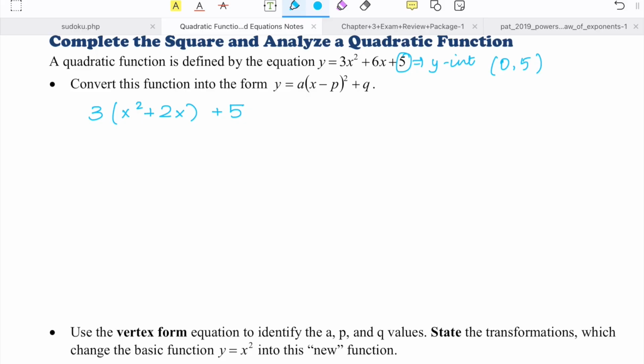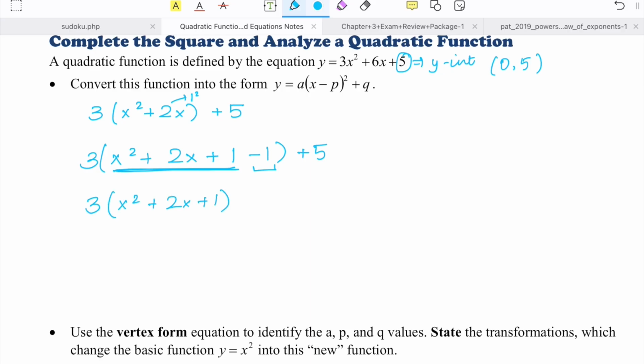My b value is 2. I'll divide it by 2, which gives me 1. 1 squared is 1. So 3 times (x squared plus 2x plus 1) minus 1, plus 5. I have to get rid of this extra term, so I do minus 3 times 1 plus 5.